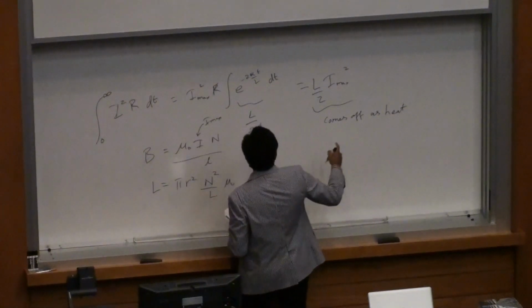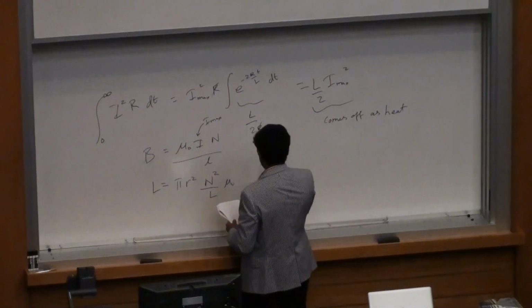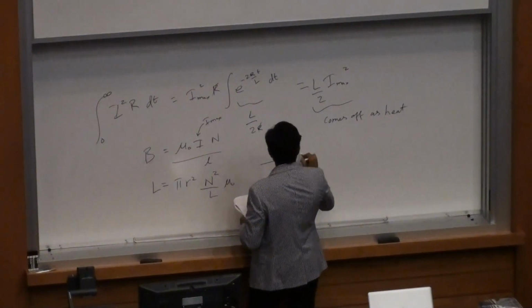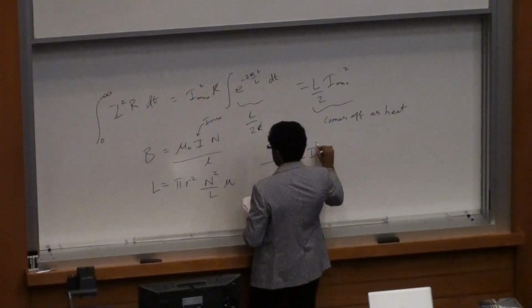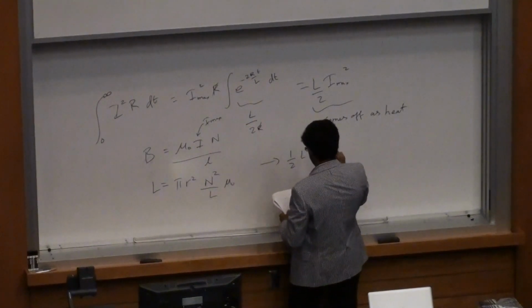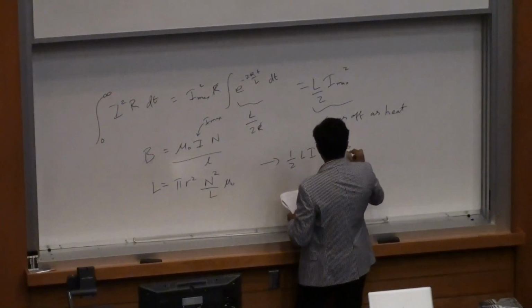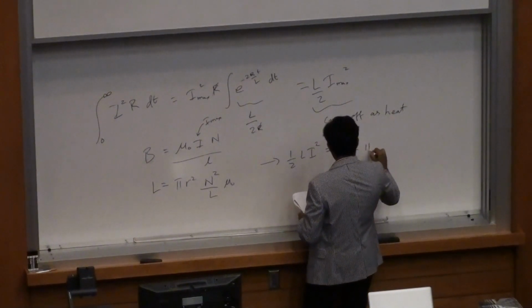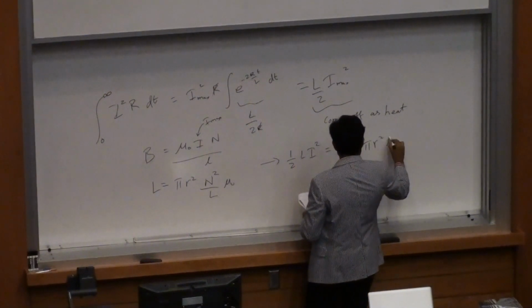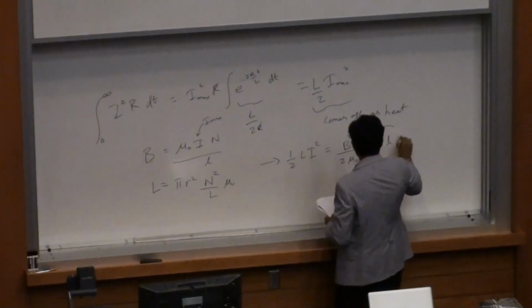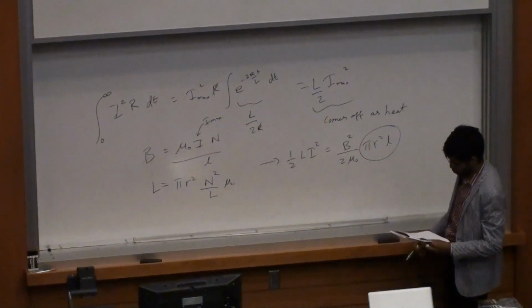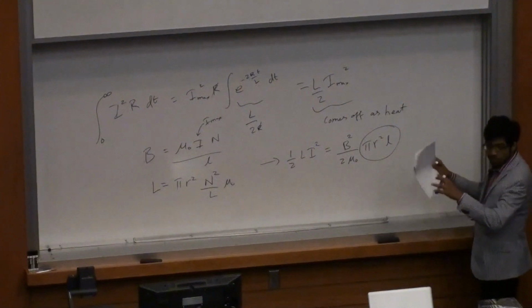So I know that 1/2 L I squared from this equals B squared over 2 mu naught pi r squared l. And this, again, is the volume inside the solenoid.